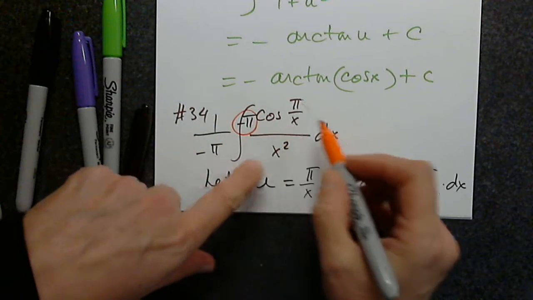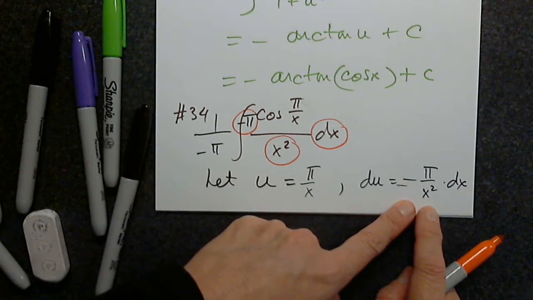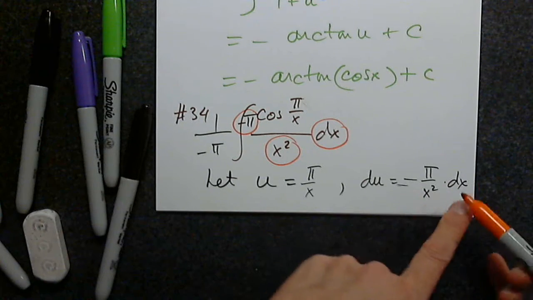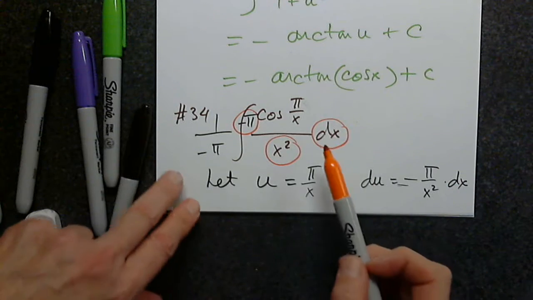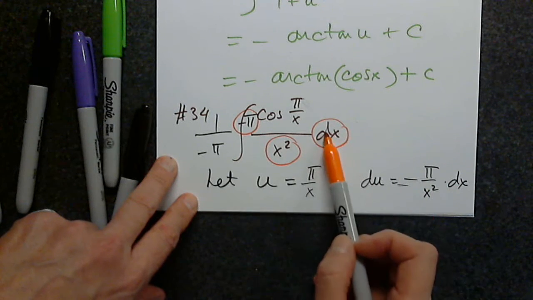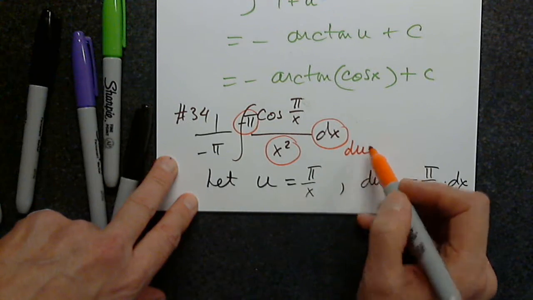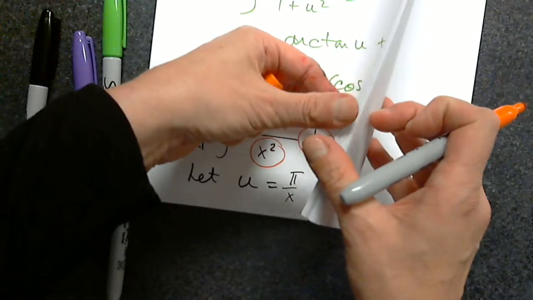The negative pi with the dx and with the x squared in the denominator. Of course, another method will be to solve for dx. If it's easier for you to solve for dx, you can. It's the same thing. Okay? So negative pi times dx over x squared, all these form du. There is a -1 over pi in front.